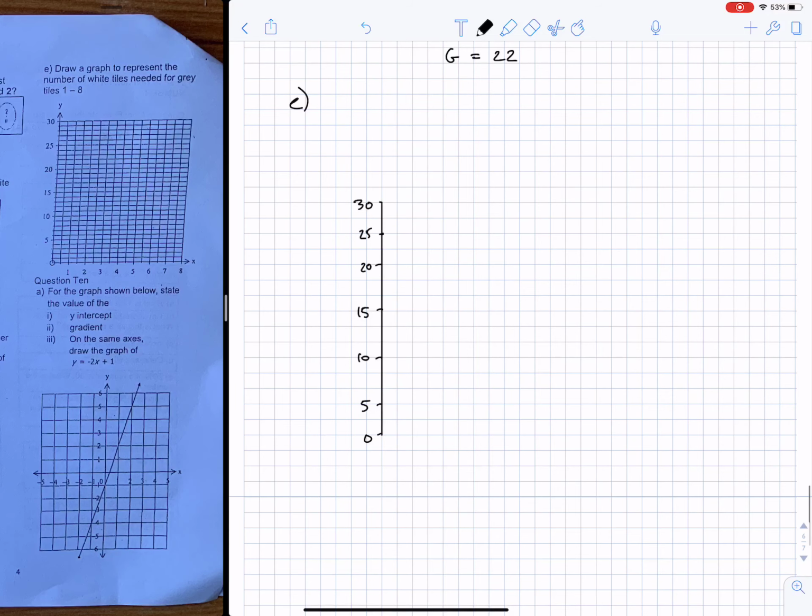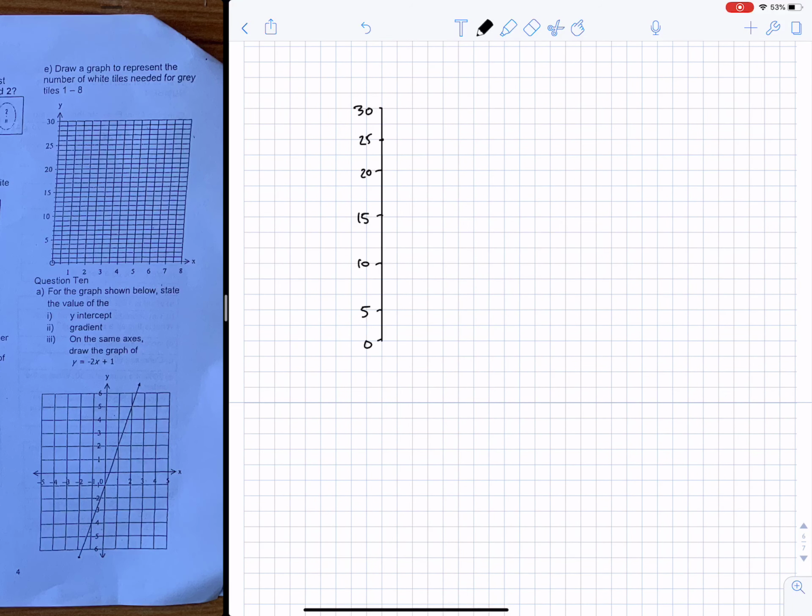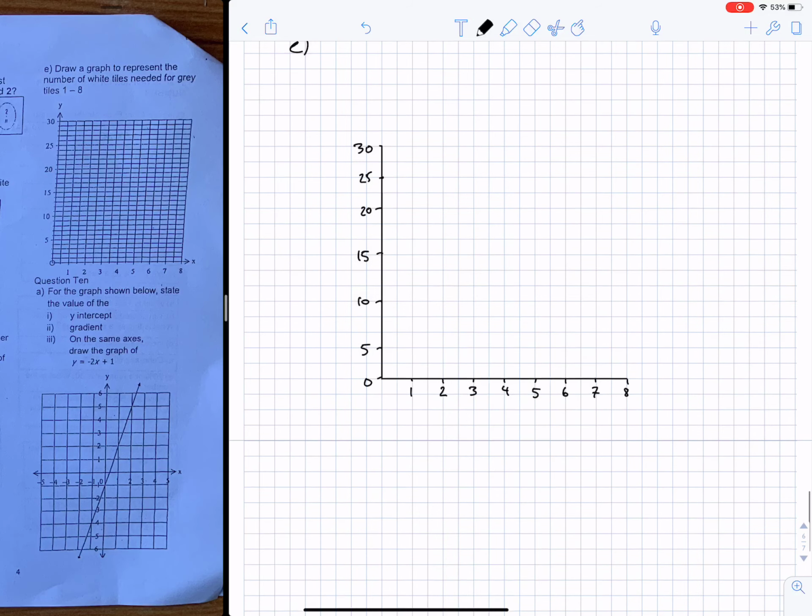Okay, then you've got 1, 2, 3, 4, 5, 6, 7, 8. So it says draw a graph to represent the number of white tiles needed for grey.